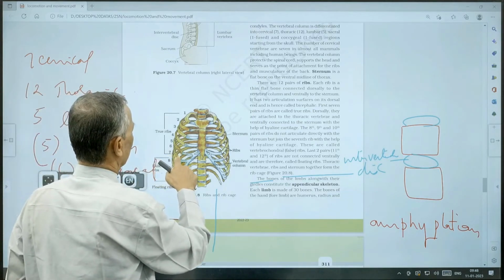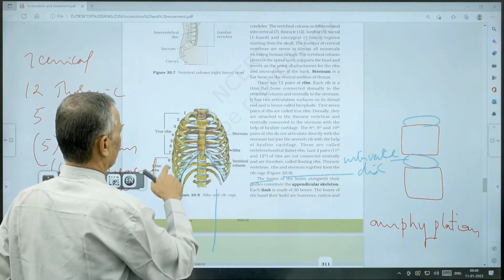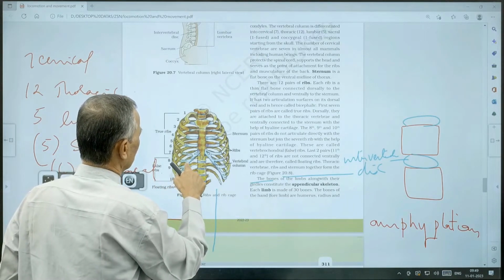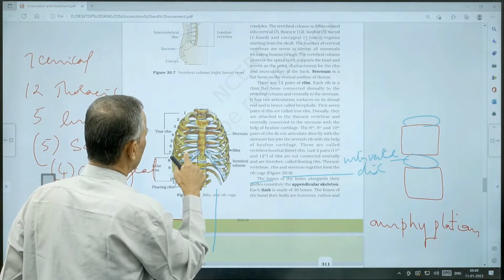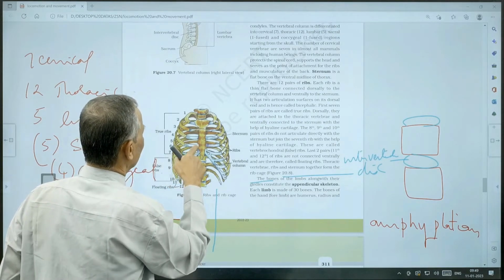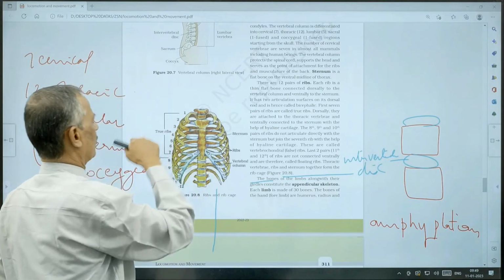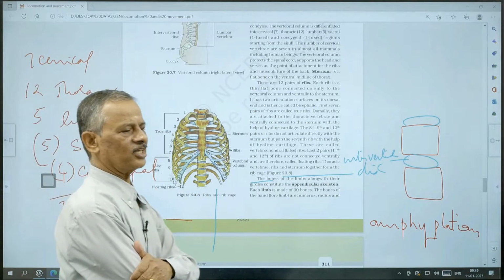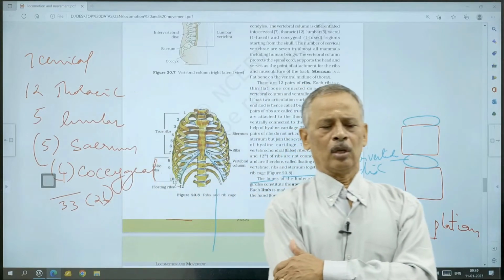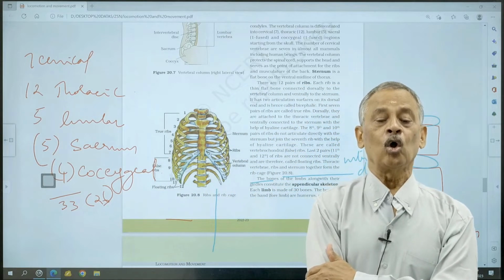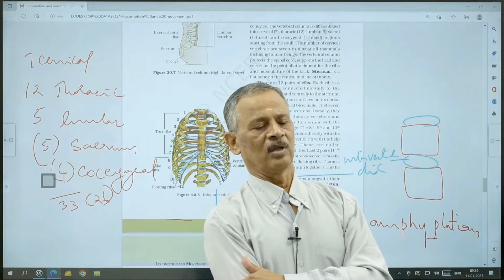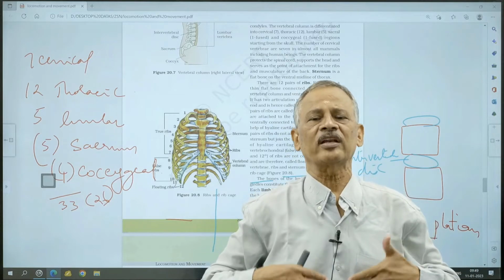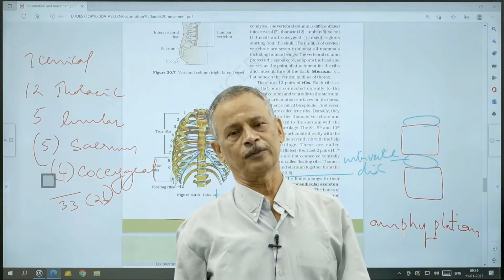7 will be directly connected, whereas 8, 9 and 10 are connected through the cartilage of the 7th, that is indirectly to the sternum. So they are called false ribs or indirect ribs or vertebrochondral ribs. Vertebrochondral, because dorsally they are connected to the vertebrae, ventrally they are connected to the cartilage of the 7th.